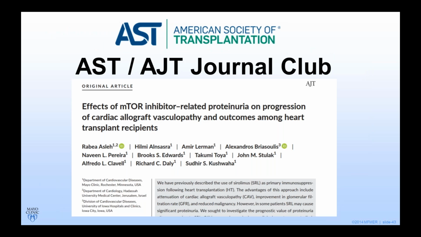Well, CAV is a complicated process. There are many inputs to why CAV may occur, including the usual culprits as far as risk factors for coronary artery disease are concerned. So first of all, we're dealing with native kidneys, not transplanted kidneys.